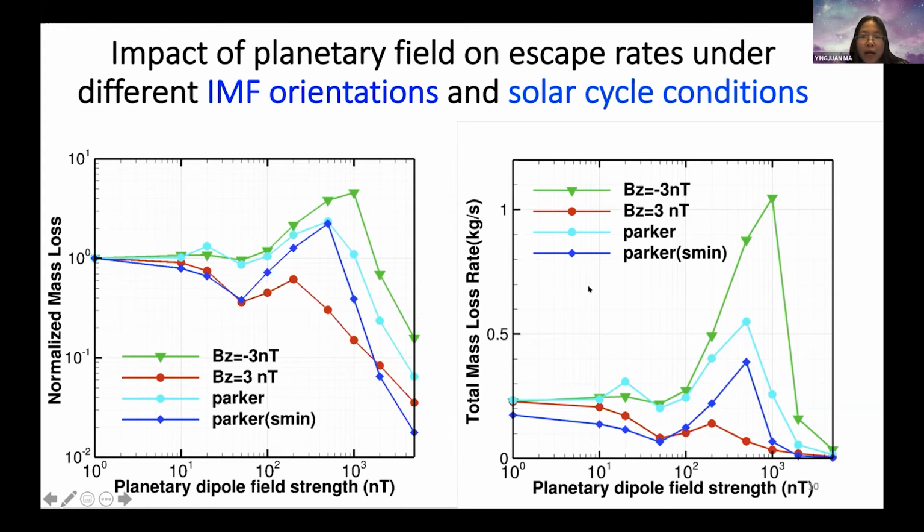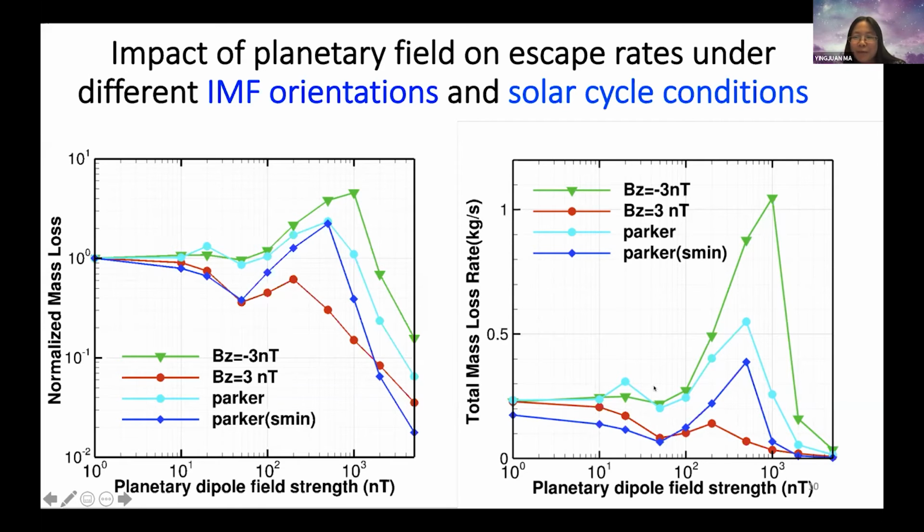On the right, it's basically the same plot, but on a different vertical scale. Here is total mass loss rate in kilograms per second. Again, this is of course not a log scale, so it looks a little bit different.